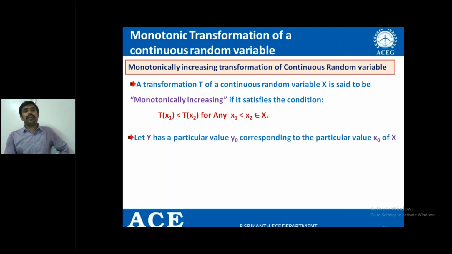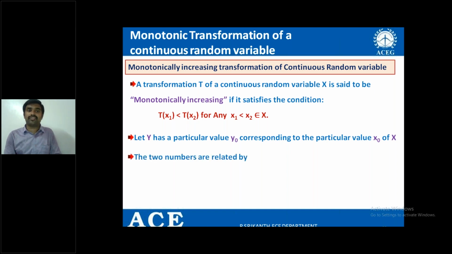Just see here, let Y have a particular value y0 corresponding to the particular value x0 of X. y0 is an element in the new random variable, and x0 is an element in the existing random variable. The existing random variable must be transformed to the new random variable, or the element x0 must be transformed to y0.